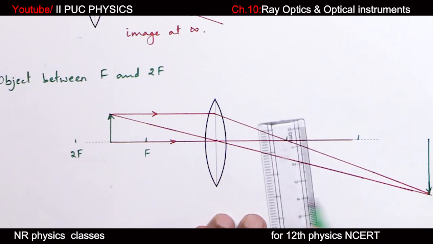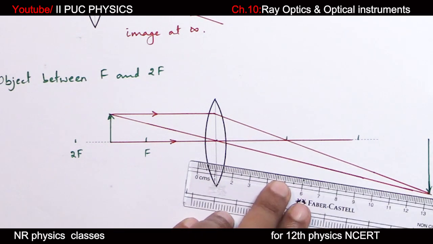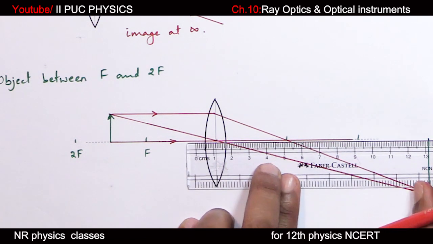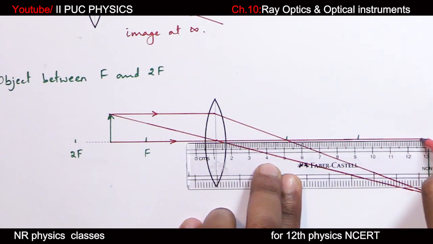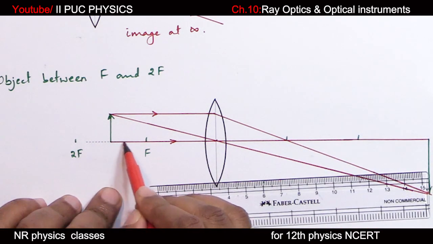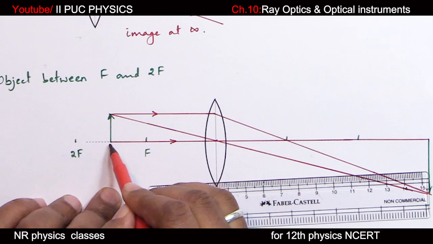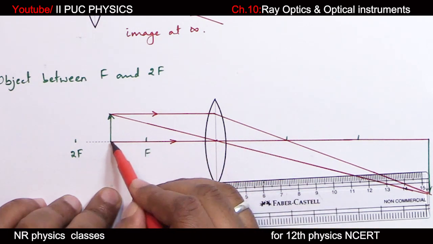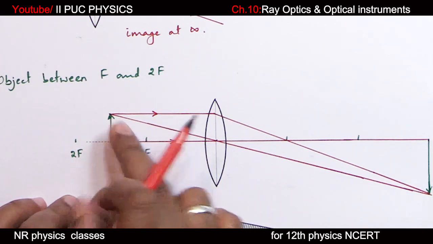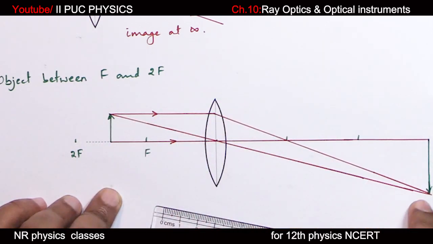Image of this object. Observe, this is a ray from the foot of the object. So this foot appears here. From the head, these two rays converge at this point. So this is the head.